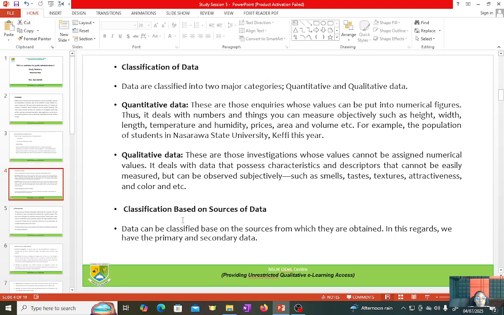So we'll move on to the other type of classification. This classification is based on the source of data. Data can be classified based on sources from which they are obtained. In this regard, it is categorized into the primary and the secondary data.